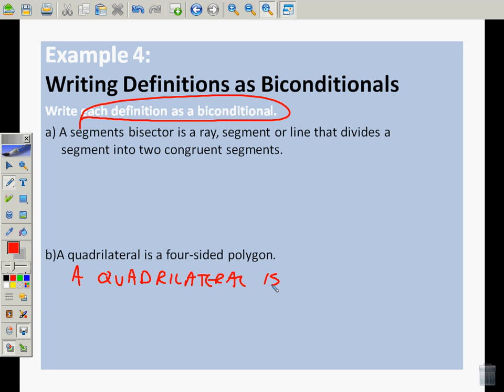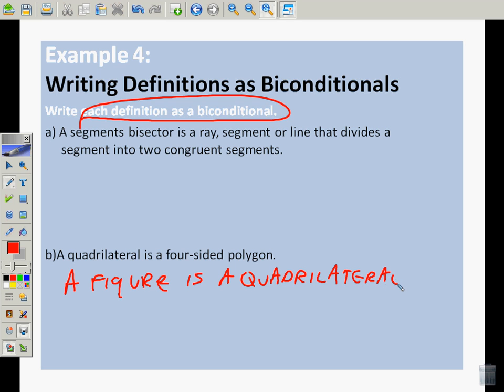Let me rephrase. A figure is a quadrilateral if and only if, and I'm abbreviating there, that's good for us, if and only if it is a 4-sided polygon.